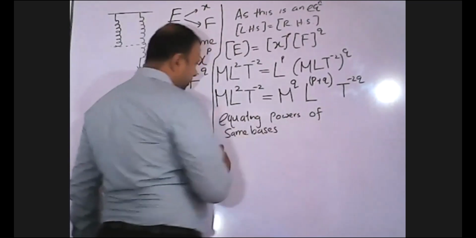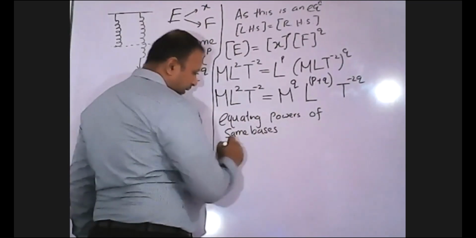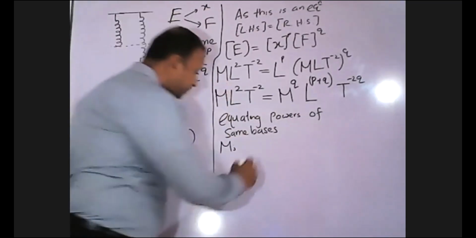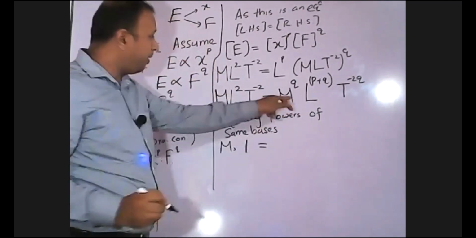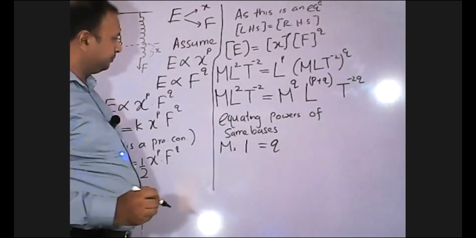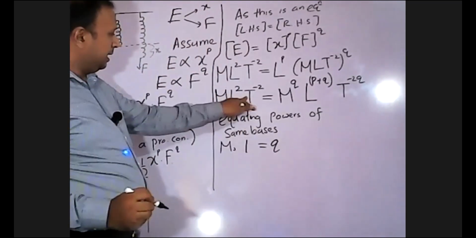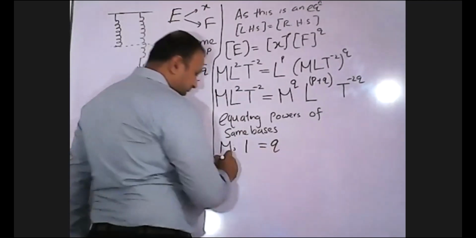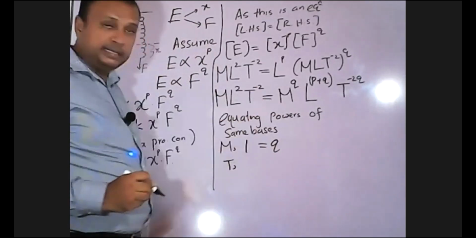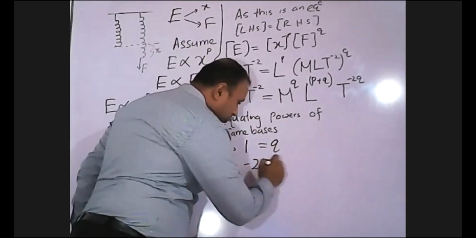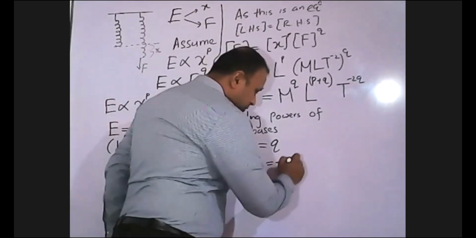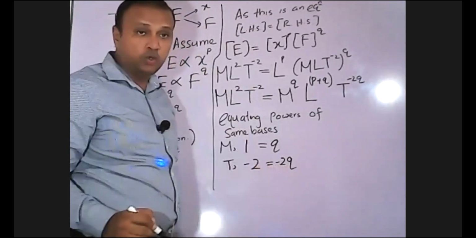If I equate the power of M, in LHS the power of M is 1. In RHS, the power of M is q. So q is 1. Then I can equate the power of T. Power of T in LHS is equal to -2. In RHS, it is equal to -2q.